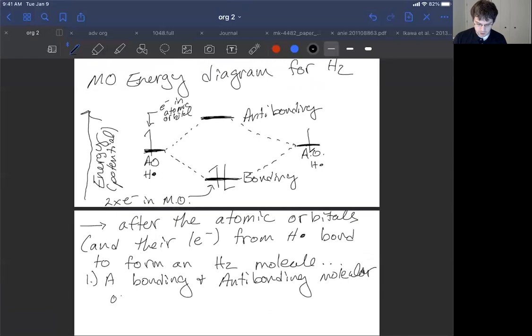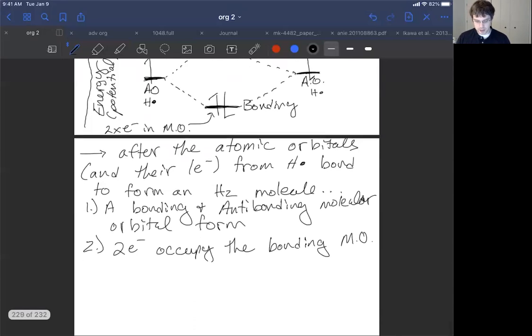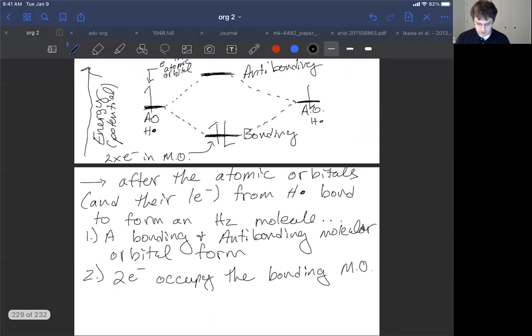And the 2 electrons, one from each of the H dots, occupy the bonding molecular orbital. Okay? Now, why do they occupy the bonding molecular orbital? Because the bonding MO is lower in energy.